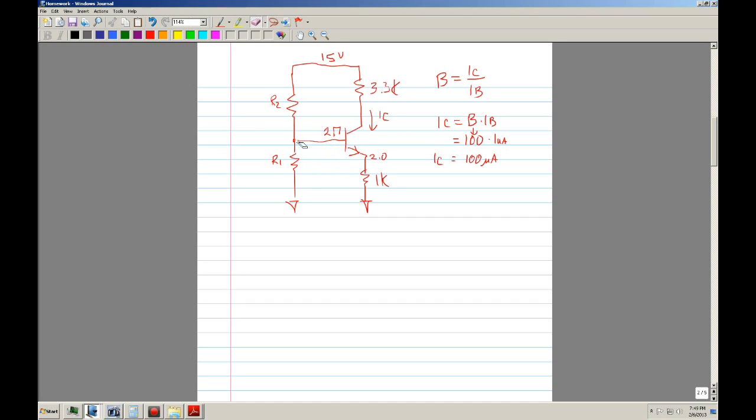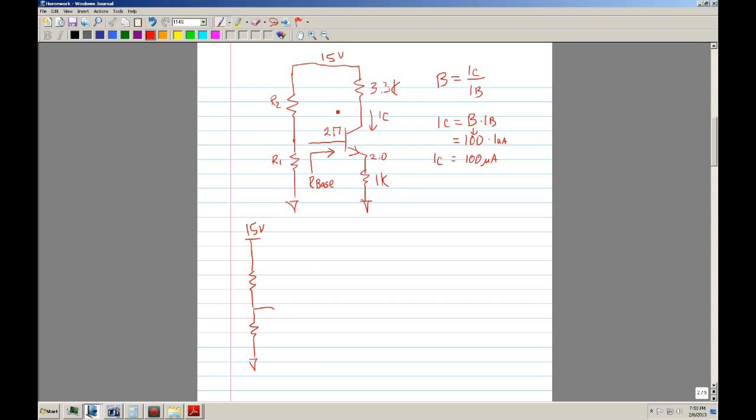But we're also going to be using what is called small signal analysis. What's the resistance? The base. I hope I'm explaining it correctly.